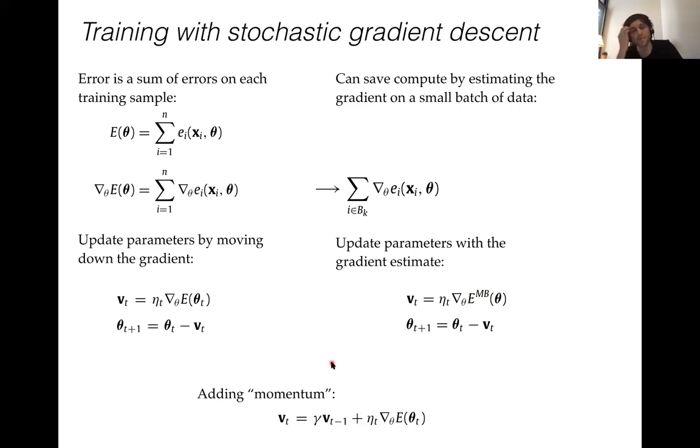One other ingredient that is very frequently used when training neural networks is something called momentum, and that says that the step that you take every time isn't just a learning rate scaled version of the gradient, but actually you remember what the step was last time, and you keep a lot of that.